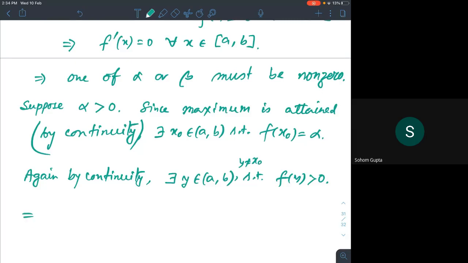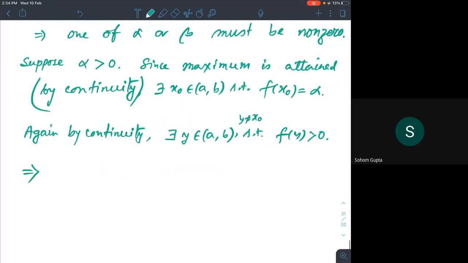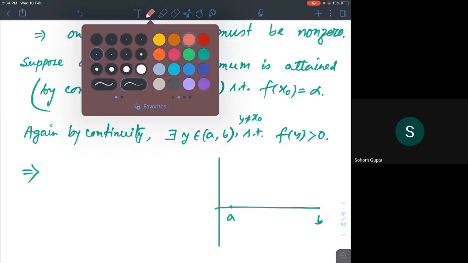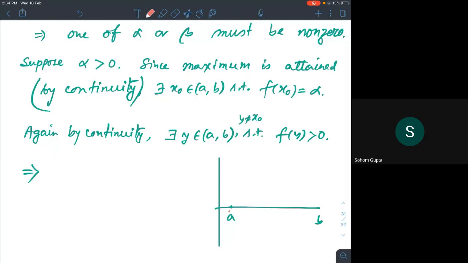So this implies what happens: we have at a, and this is b, and the graph of alpha is something like this.